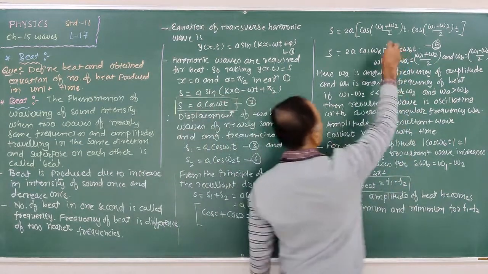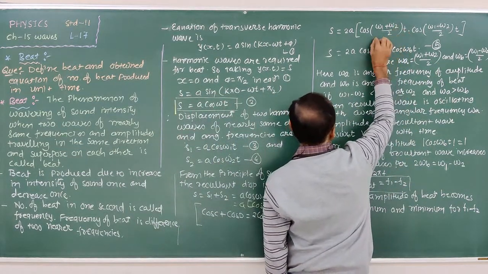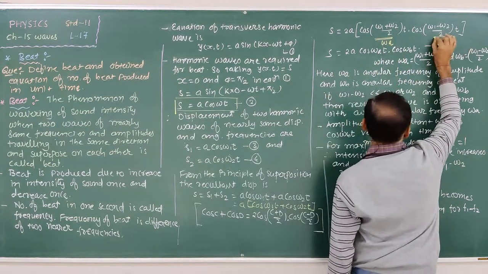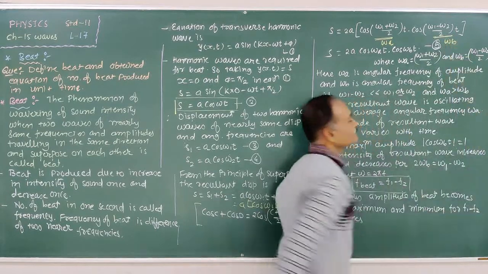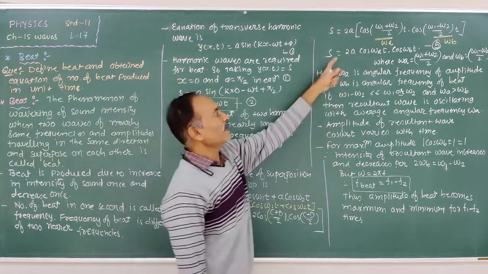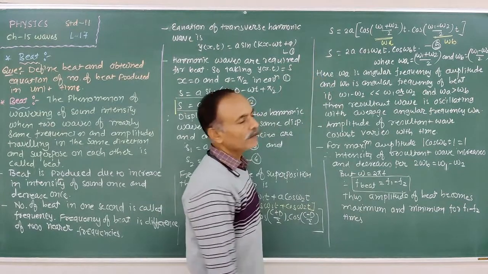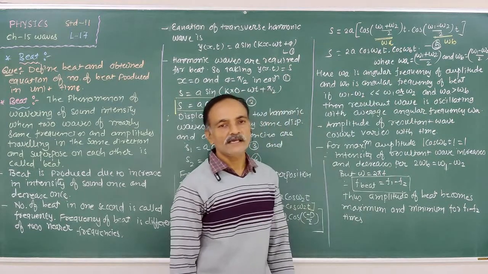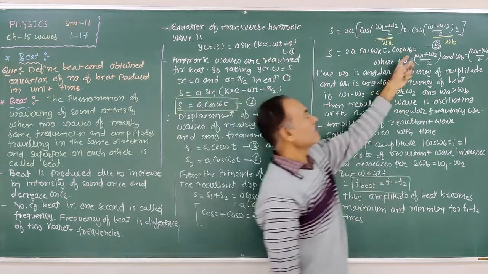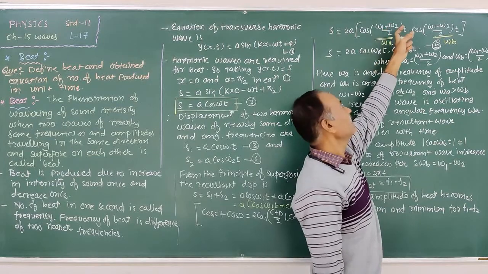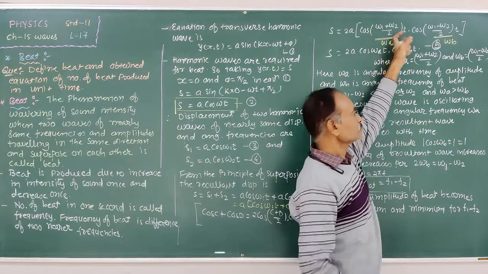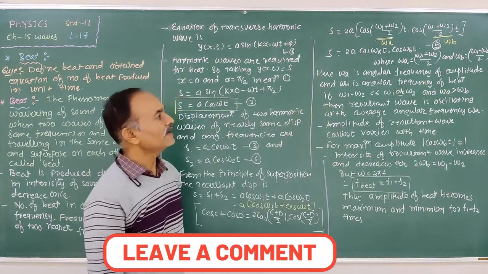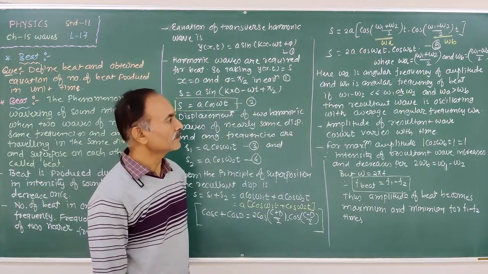Now, this (omega 1 plus omega 2) by 2 is considered as omega a, and that is considered as omega b. Therefore, our equation is S is equal to 2A cos omega a t into cos omega b t, where omega a is equal to (omega 1 plus omega 2) by 2, and omega b is equal to (omega 1 minus omega 2) by 2.